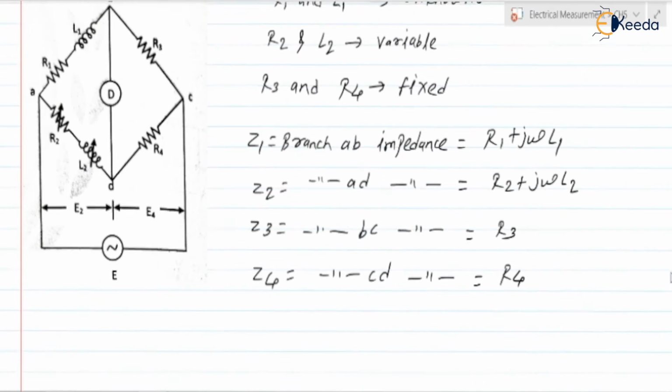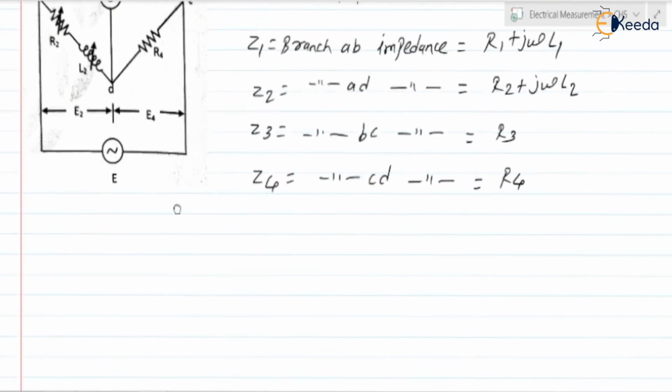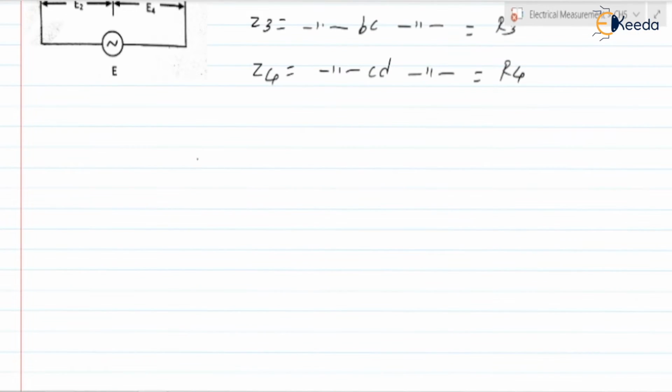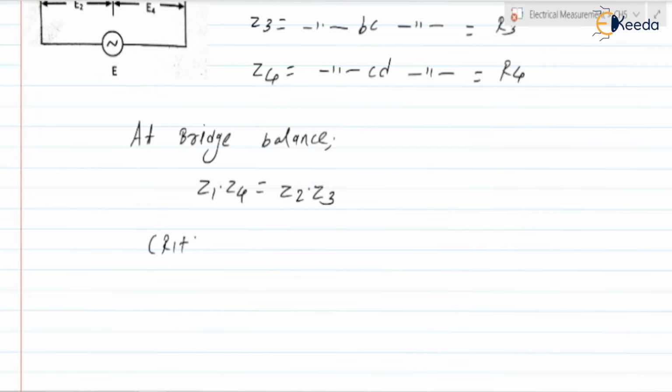So now at bridge balance we know Z1 Z4 is equal to Z2 Z3. What is Z1? It is R1 plus j omega L1, into what is Z4? It is R4.